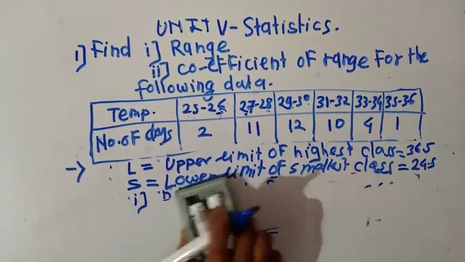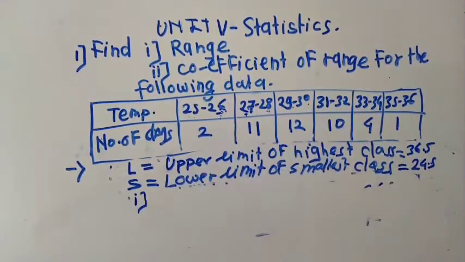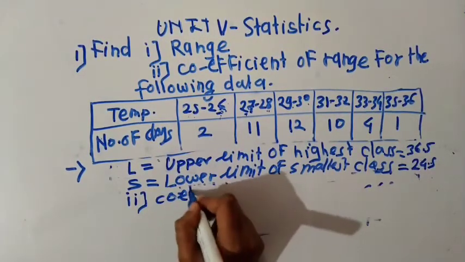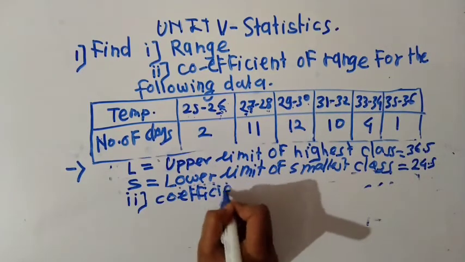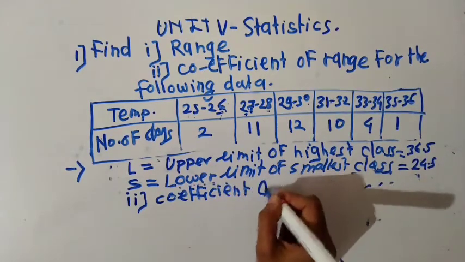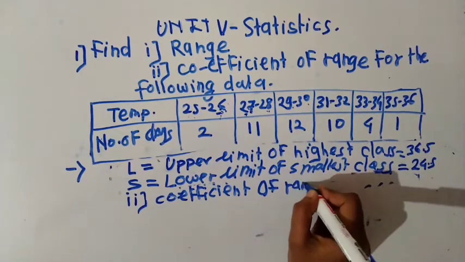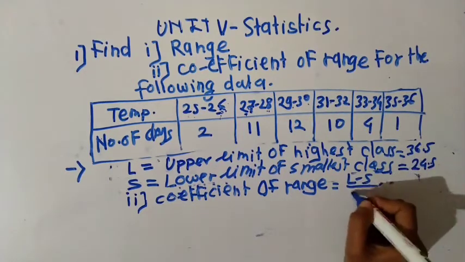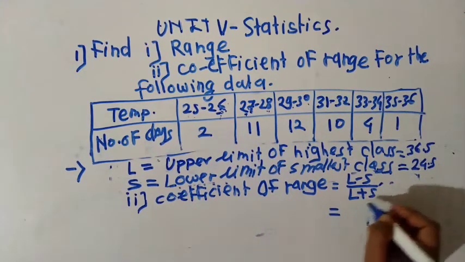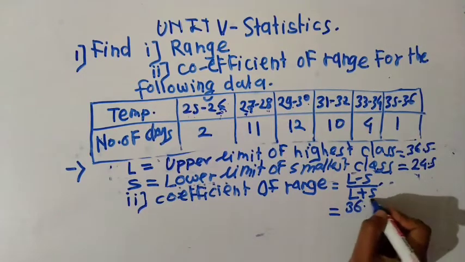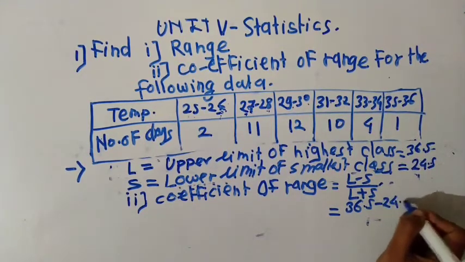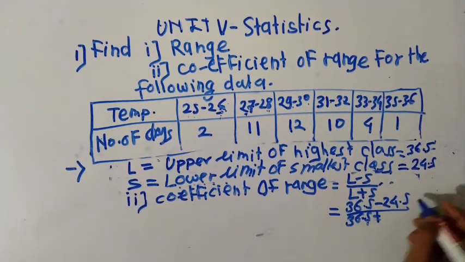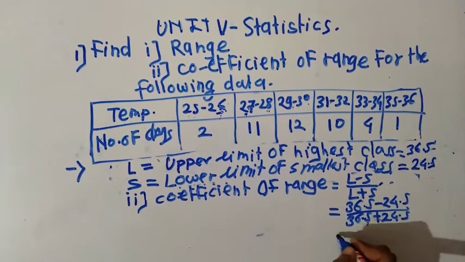And second we find out coefficient of range. Hence coefficient of range is equal to L minus S upon L plus S, which is 36.5 minus 24.5 upon 36.5 plus 24.5.